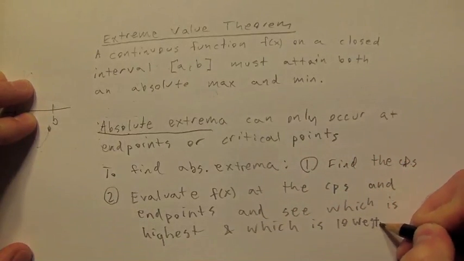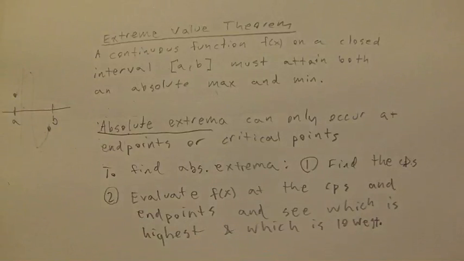And that's really all you have to do. Okay? Find the critical points, okay? Then you plug in the values into the original function of the critical points and the endpoints and just see which is highest, which is lowest.